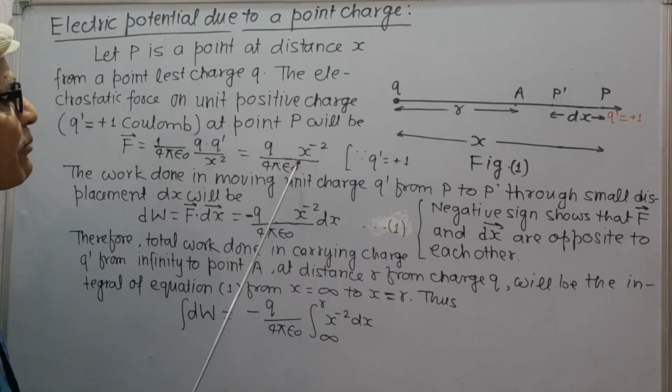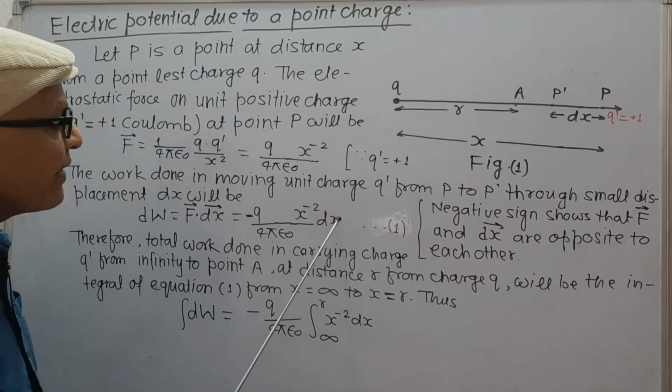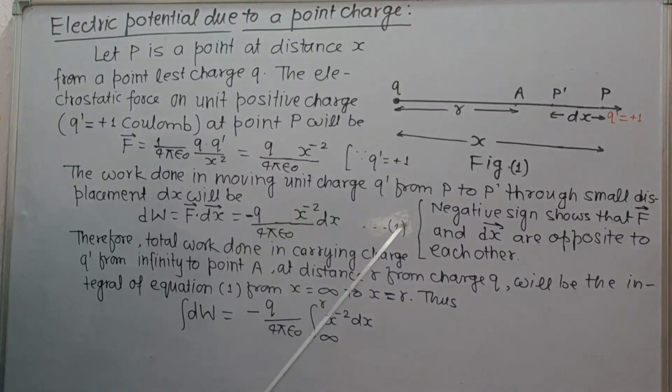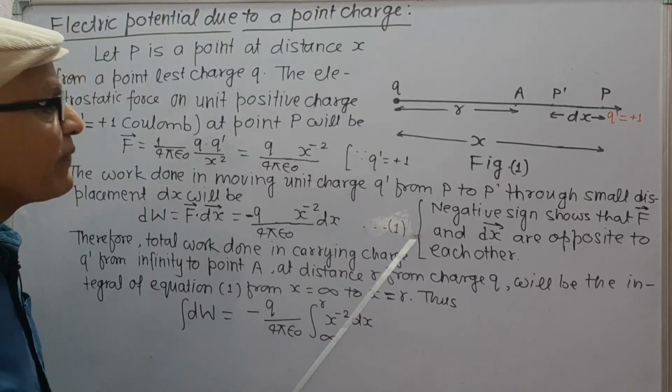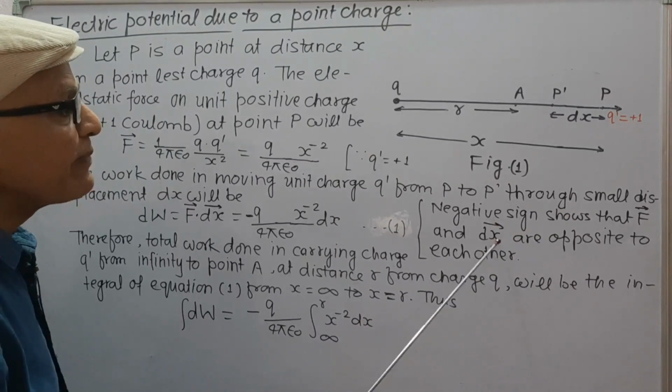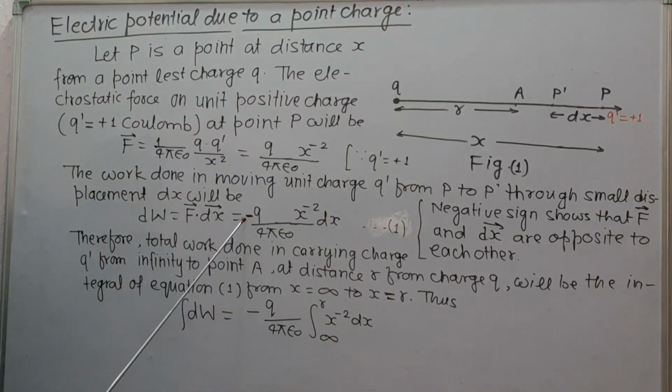Force is Q/(4πε₀) x⁻² and displacement is dx. Here the negative sign shows that the force vector F and displacement vector dx are opposite to each other. Therefore, we have taken here negative sign. Suppose this is equation 1.